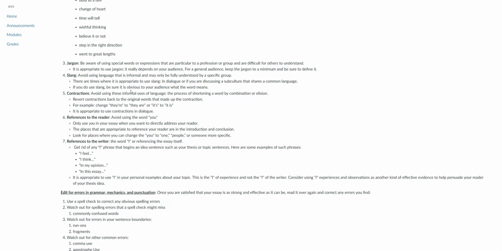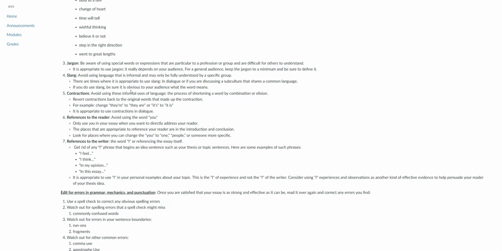So for example, if you're writing about a car and you're looking at the significance of a car, but you really want to get into the mechanisms of a car and how the engine works, and you want to use some language having to do with cars, just be sure that when you're using that very specific or special language, you're explaining it to your audience, because we really are a general audience here in this course, and not all of us know perhaps the jargon that you're using for your particular topic.